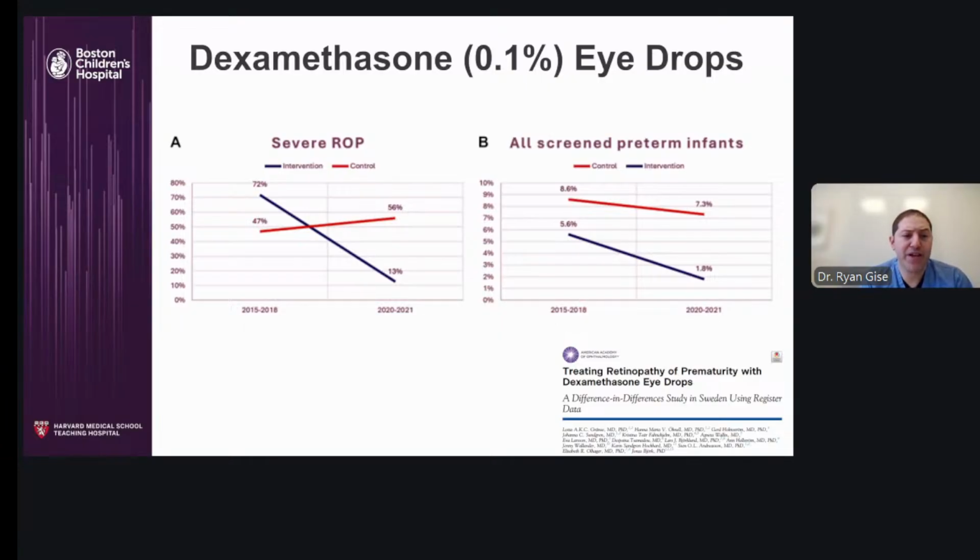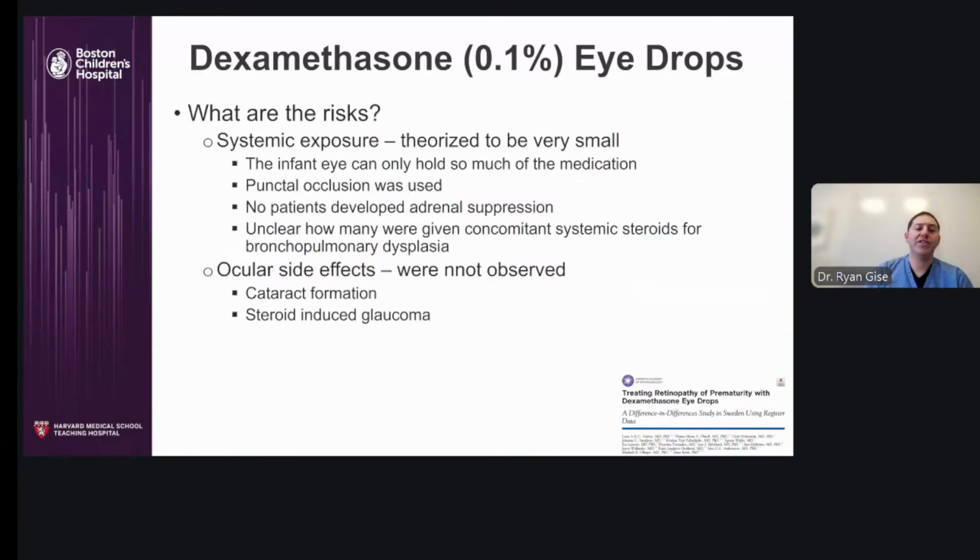In terms of interventions that they've had to do, and in terms of the number of screened infants that required treatment, they both went down significantly. Obviously, there are some risks that haven't been well elucidated because this was not a clinical trial. This was a retrospective study. The systemic exposure is theorized to be very small.